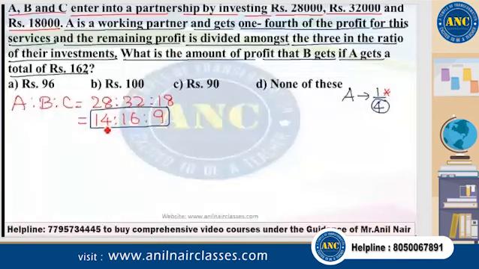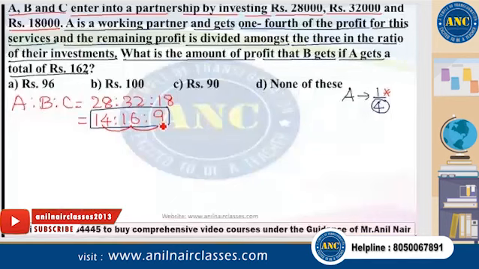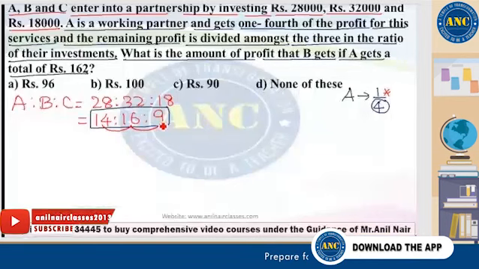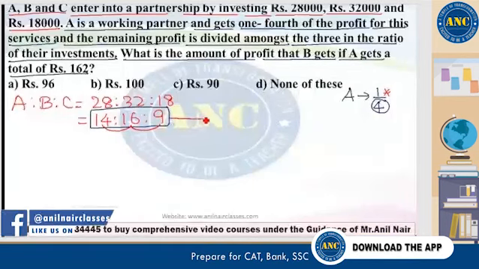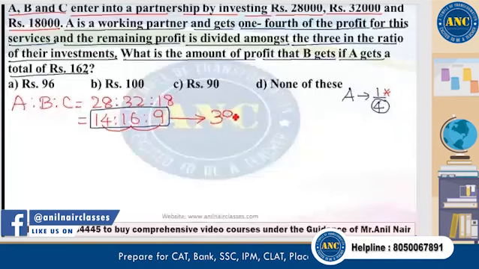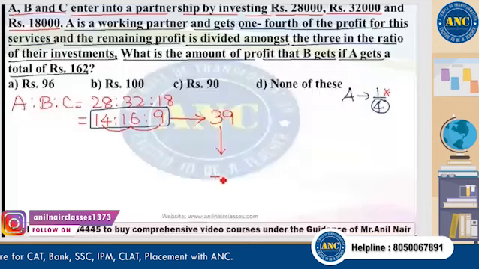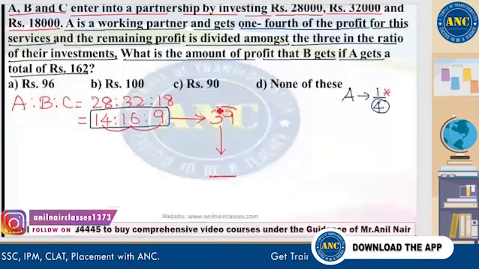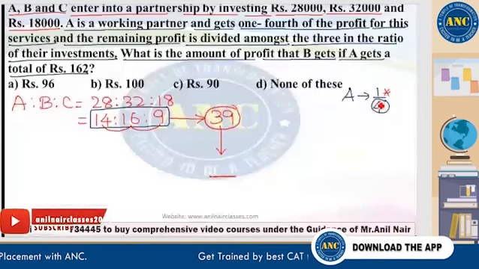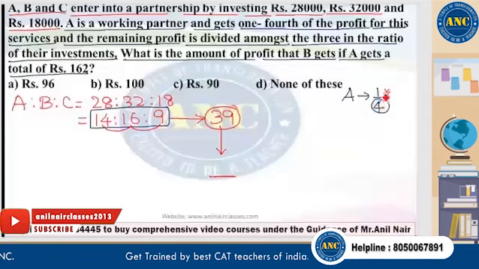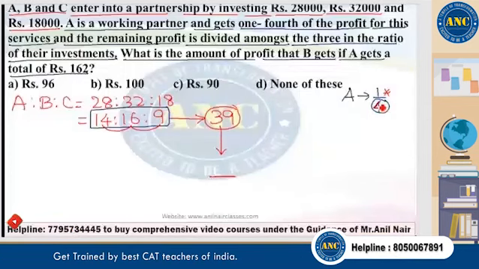Total profit according to ratio is 14 plus 16 is 30. 30 plus 9 is 39. That means whatever the profit, I will write the total profit according to ratio as 39. But according to the question, I will assume it as a multiple of 39 also. That means whatever the profit that I am assuming, it should be a multiple of 4.